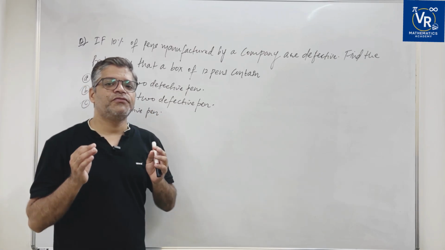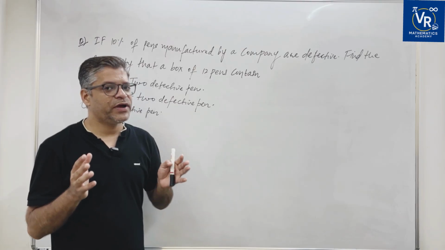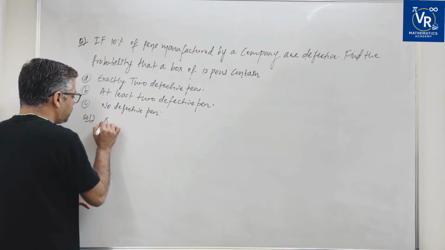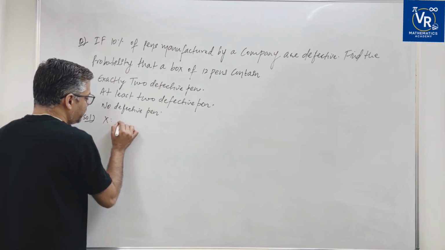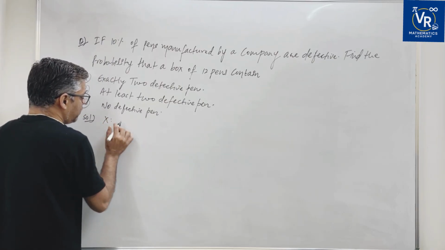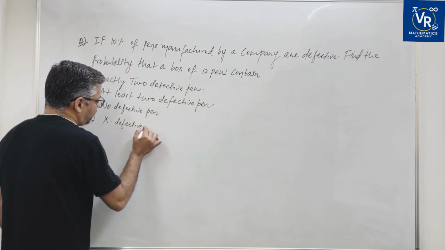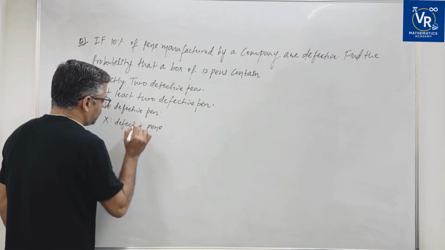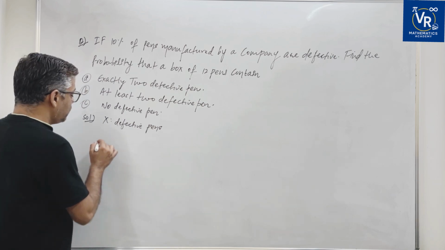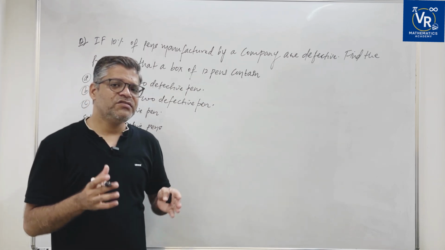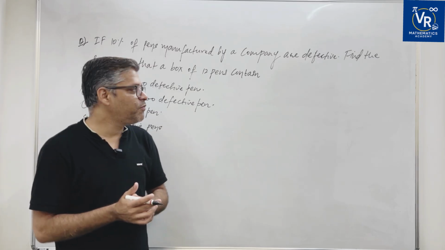So here we have to find the probability of defective pens. First we will write that the random variable X denotes defective pens.